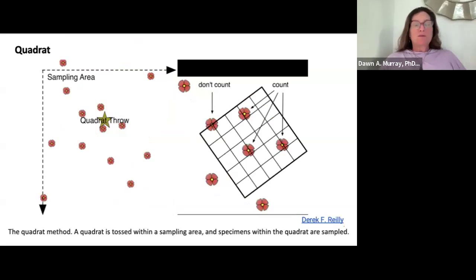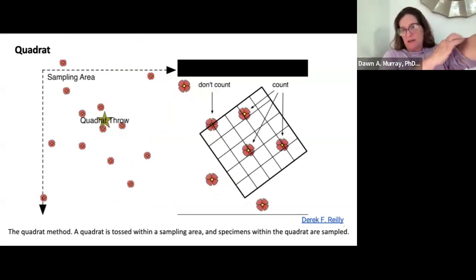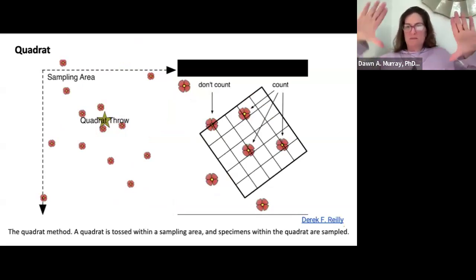All right, one thing you might want to think about doing as well is a quadrat method. So you could make one of these at home out of anything, really. I make them out of PVC pipe. But basically, it's a metric, an amount of space that you're going to measure things in.